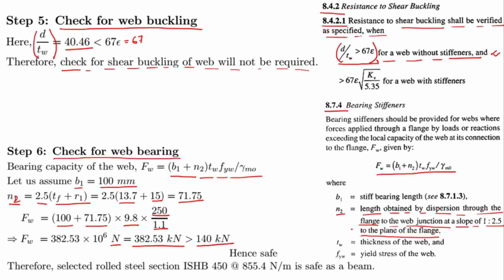Hence, our section is safe for web bearing. Therefore, selected rolled steel section ISHB 450 at the rate 855.4 Newton per meter is safe as a beam to resist the given factored shear force as well as bending moment.